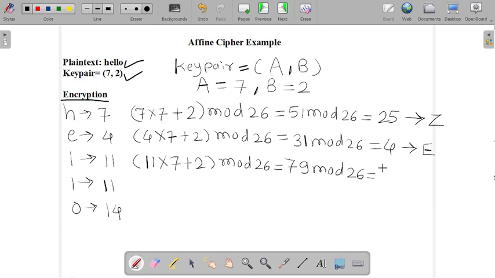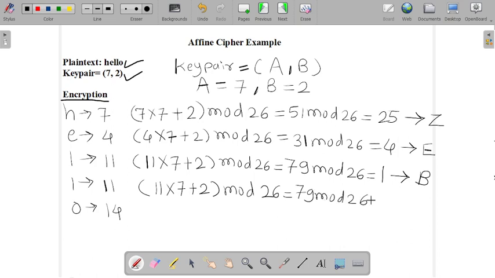Now we get the answer 1, and for 1 we write the alphabet B. The same procedure is repeated for the next letter, because two letters are the same in the given plain text. So for L, we write 11 into 7 plus 2 mod 26. Then we get the same answer, that is 79 mod 26 is equal to 1. And for 1, we write the ciphertext B.